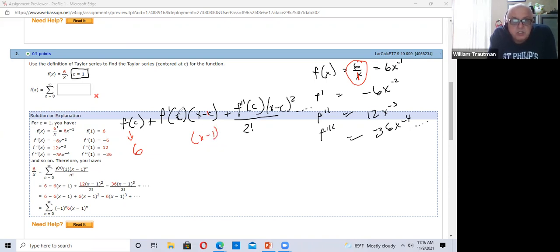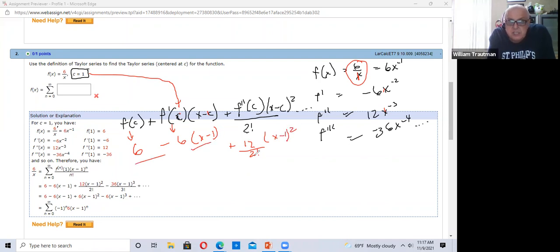And then because C equals 1 each time, if we put a 1 in here, you end up with the negative 6. You end up with a 1 in here. You end up with 12 over 2 factorial times x minus 1 squared.